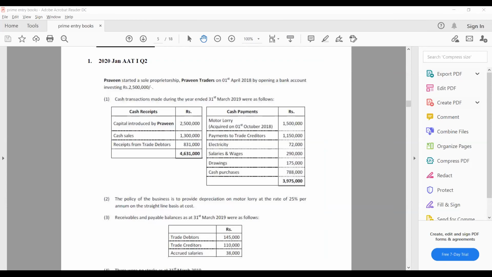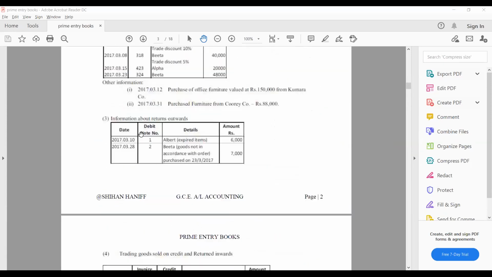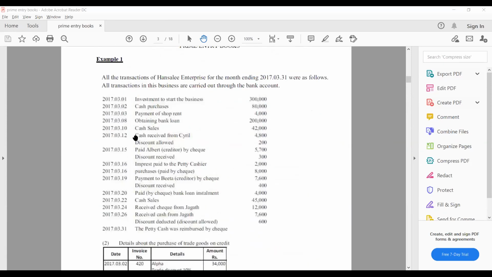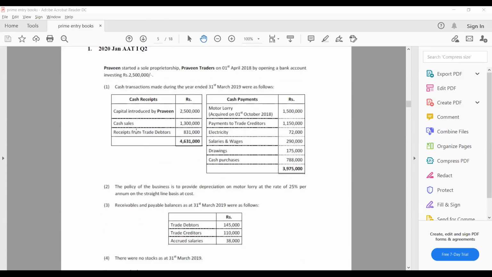A purchase order belongs to the purchases journal, credit purchases. Okay, now we'll do this question. 2020, it's an AAT paper. After that, we'll do A-level questions. Okay, we'll do a simple one, then we'll come back to the difficult questions. Right. So here's the question.